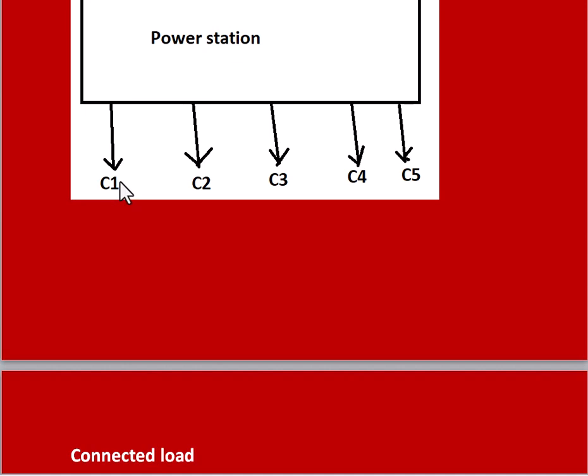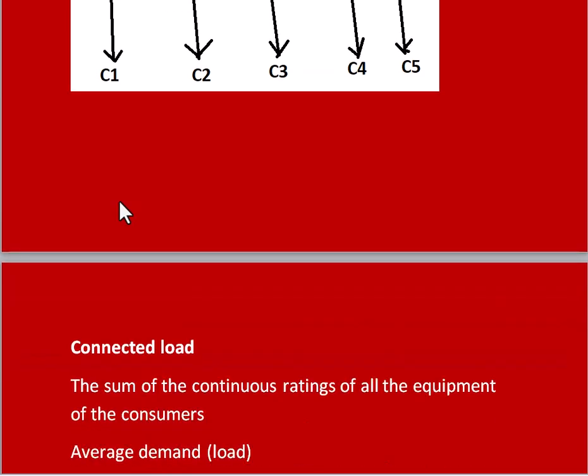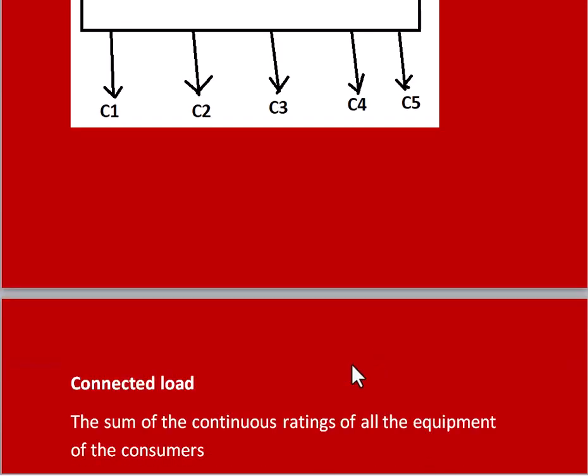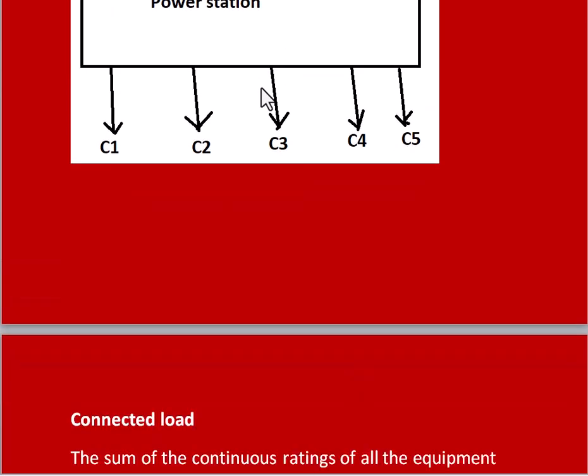So for a given consumer, if all the ratings of the equipment are added together, that is called the sum of the continuous ratings of all the equipment of that individual consumer. If we add all the continuous ratings of all the consumers, then it is called the connected load to the power station.